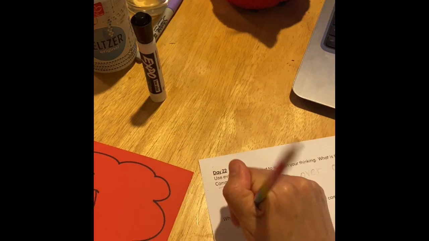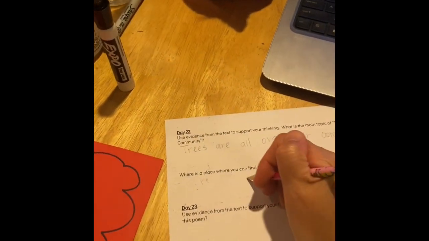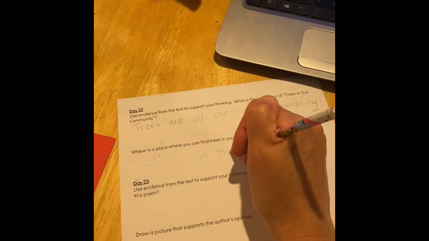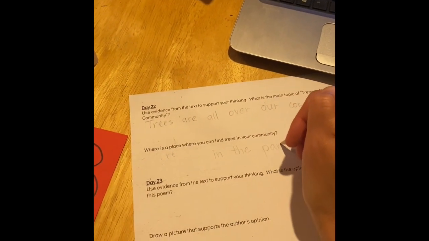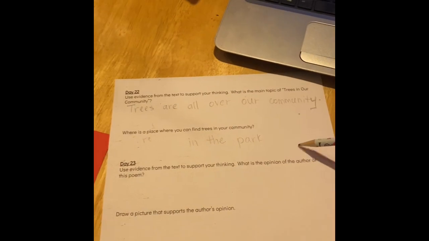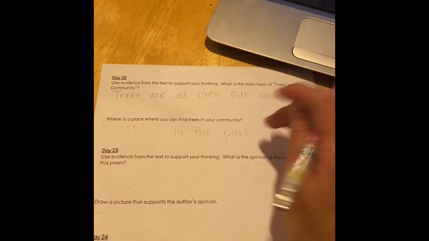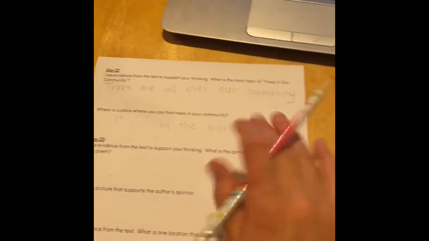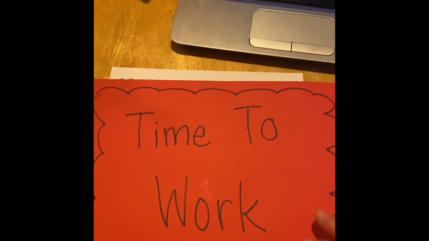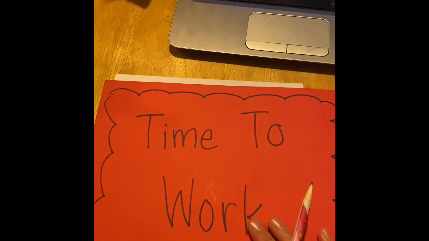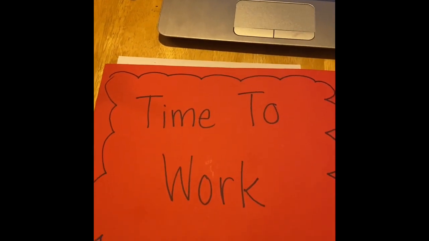Let's see, I don't even need to write in a complete sentence probably. I could just write in the park. It also says in here that you can draw where you see trees in your community. So let's go ahead, pause the video, and work on that next question.